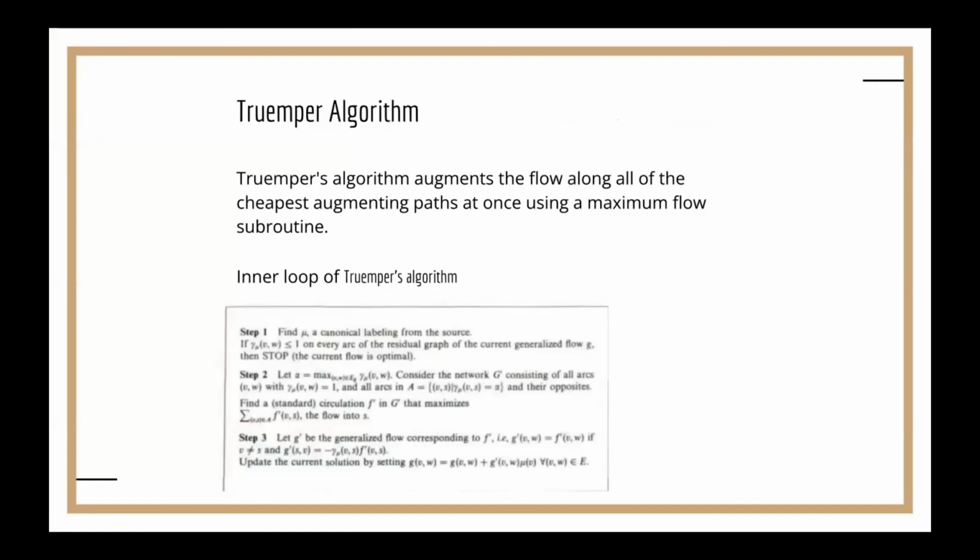Truemper's algorithm augments the flow along all the cheapest augmenting paths at once using a maximum flow subroutine. And you can take a look at the inner loop of Truemper's algorithm. By the discussion above, the algorithm finds maximum flow from the node which exists along the highest gain path to the sink.